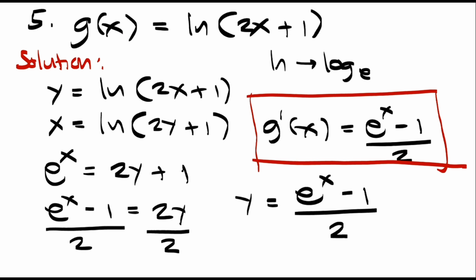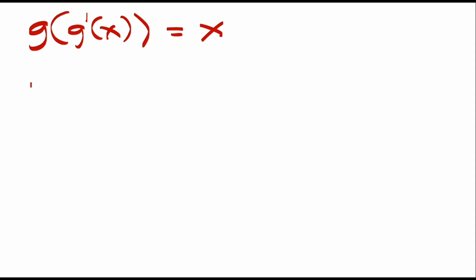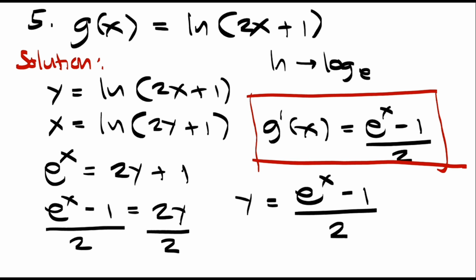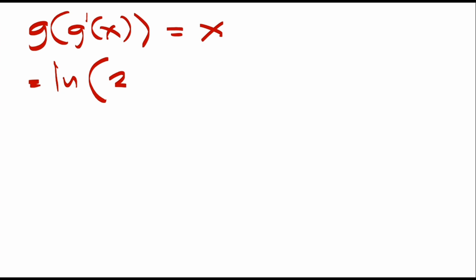So g of x is ln of this. So we have this equals ln of 2x, where x will be replaced by the inverse, which is e to the x minus 1 all over 2.